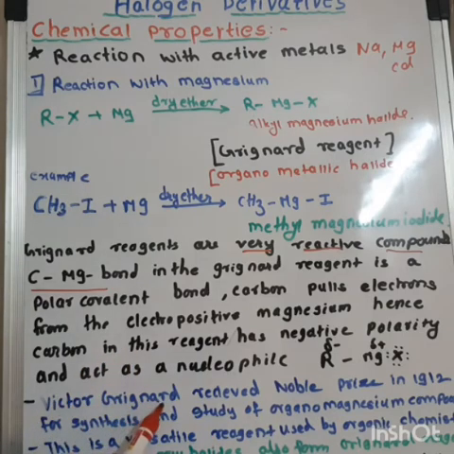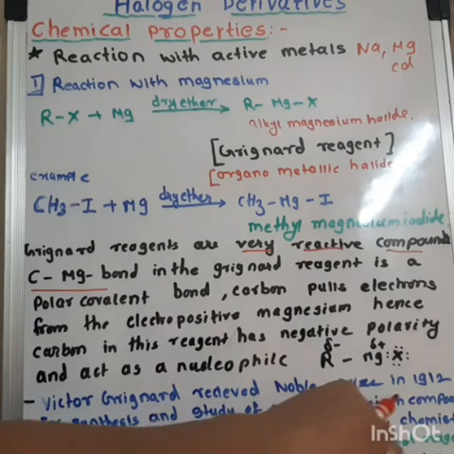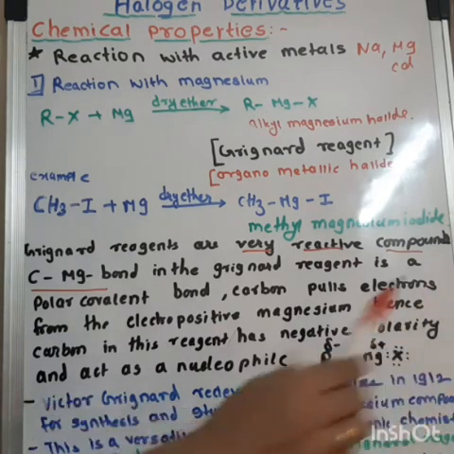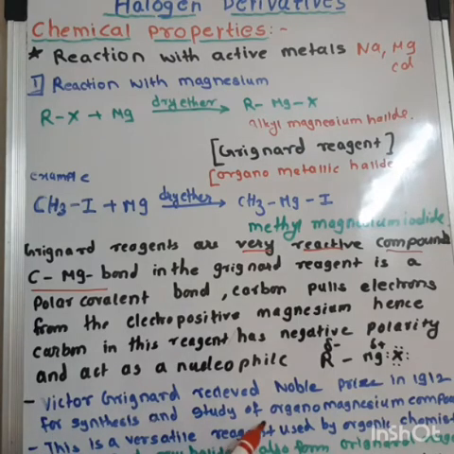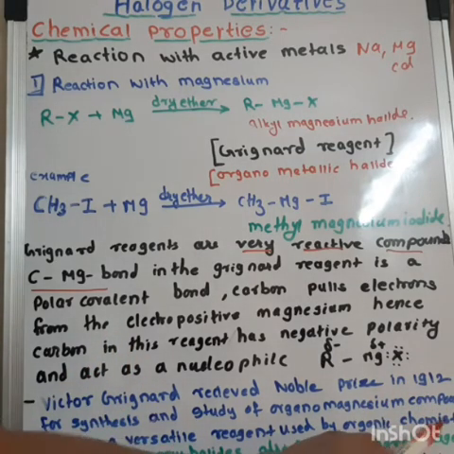Victor Grignard received the Nobel Prize in 1912 for synthesis and study of organometallic compounds or organomagnesium compounds. This is a versatile reagent used by organic chemists.